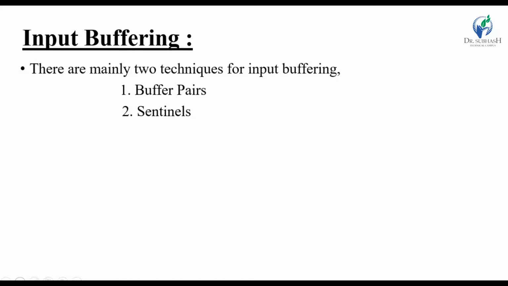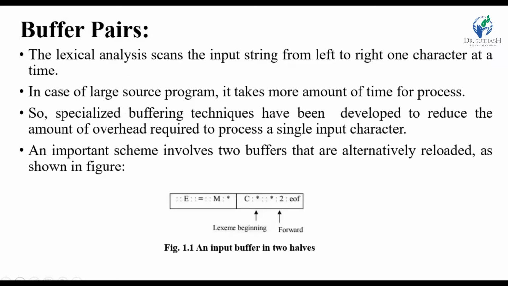Then it is a time consuming process in case of a large amount of input. Input buffering is used to speed up the lexical analysis. There are mainly two techniques for input buffering. First is buffer pairs and second is sentinel.